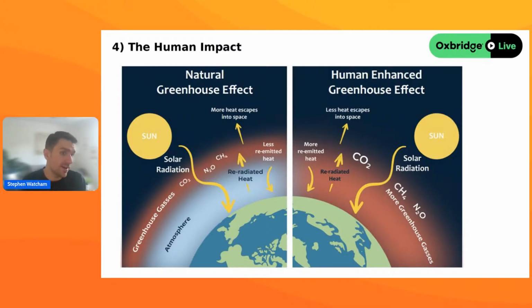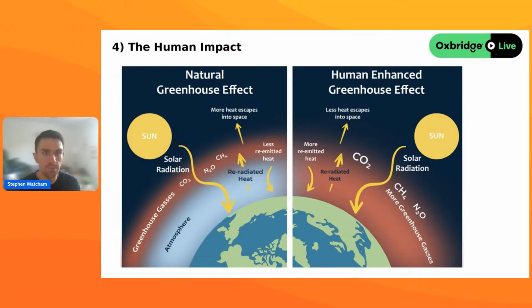The reason I say that fact is because the greenhouse effect is natural. The greenhouse effect describes the incoming shortwave solar radiation from the sun hitting the atmosphere and hitting the Earth's surface. We saw in 2.1 that some of that energy is reflected back into the atmosphere. Some of that energy, though, is absorbed by gases in the atmosphere.